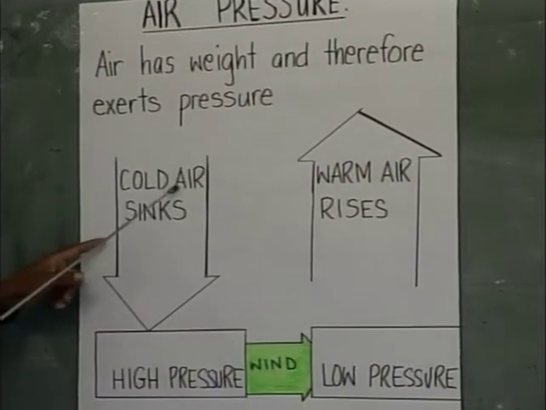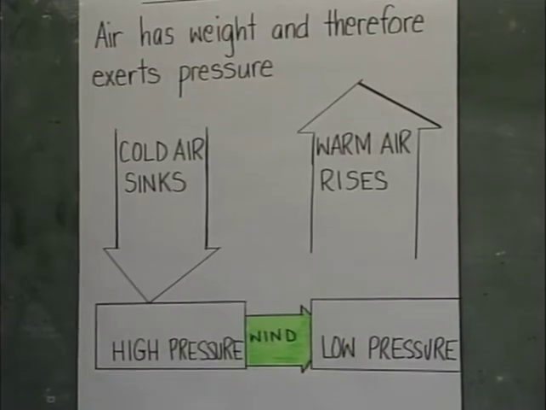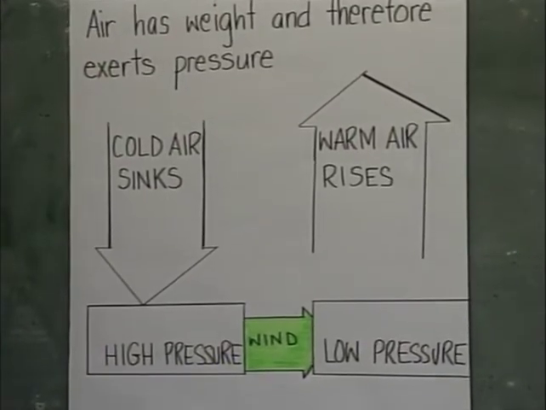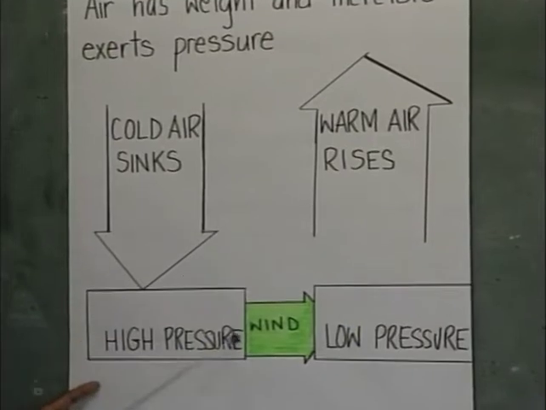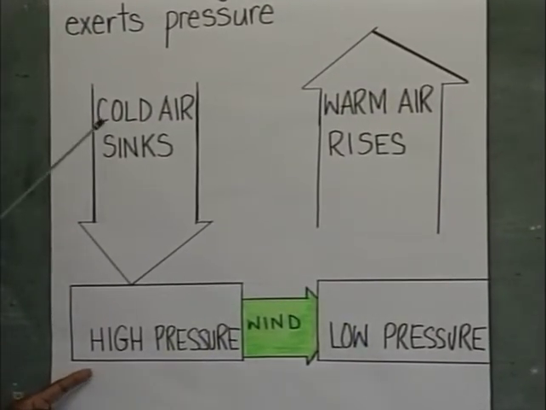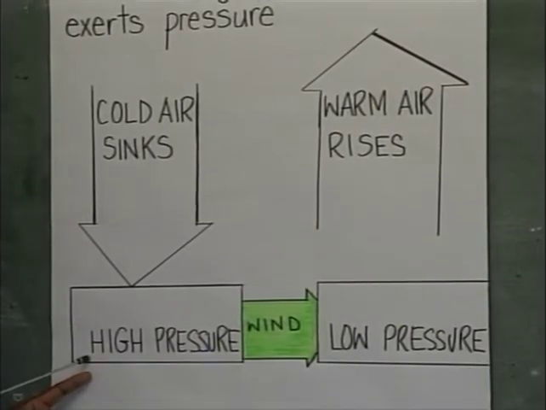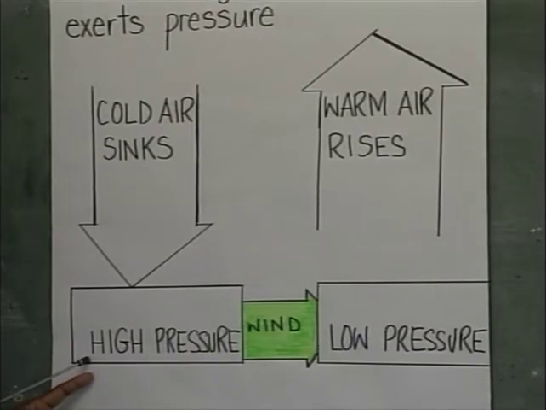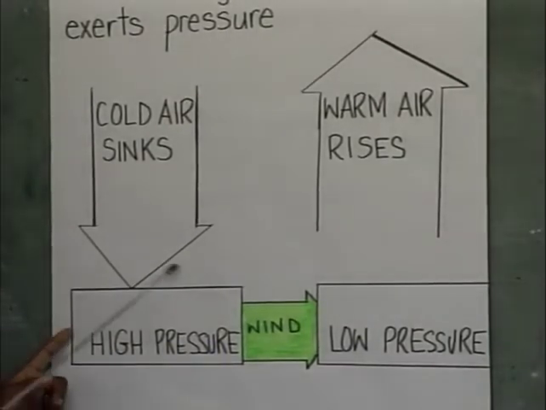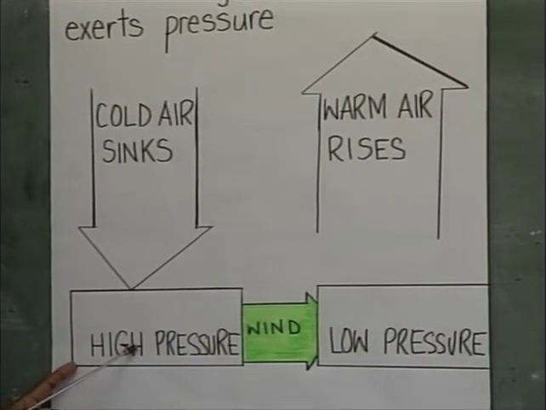When cold air sinks, it is exerting a lot of pressure on a smaller area. Therefore, that area is said to have high pressure. So cold air is associated with high pressure because cold air will always sink, and when it sinks, it exerts a high pressure on the area it is sinking on.